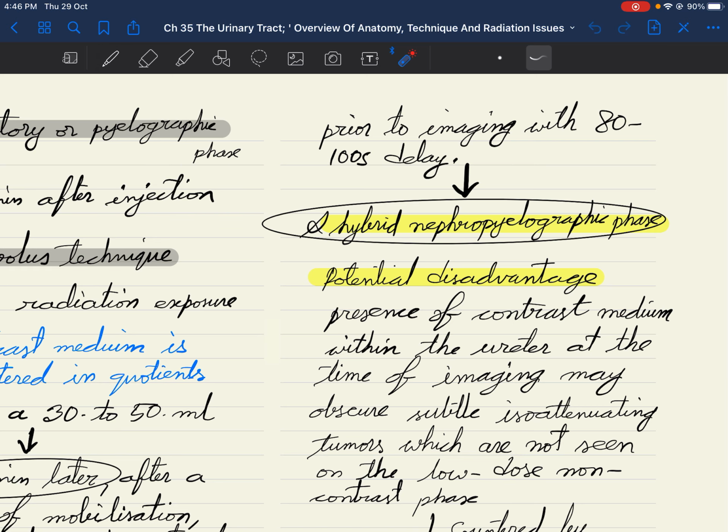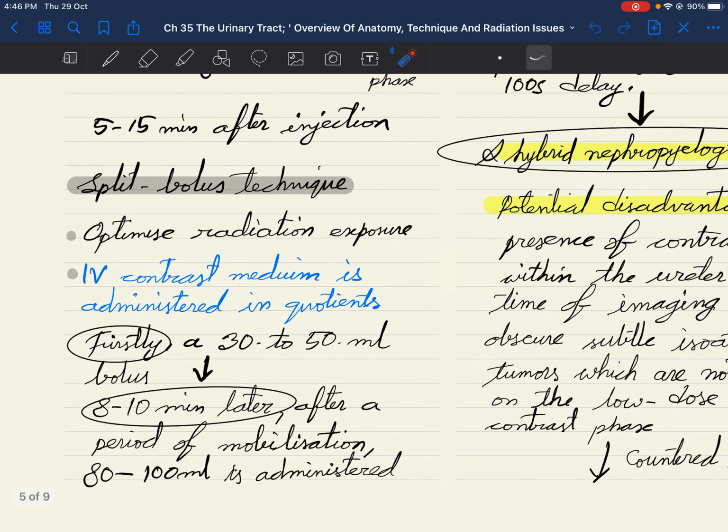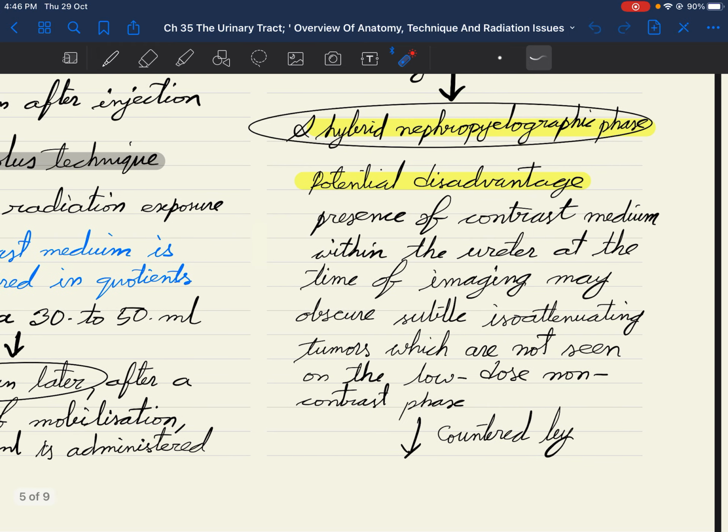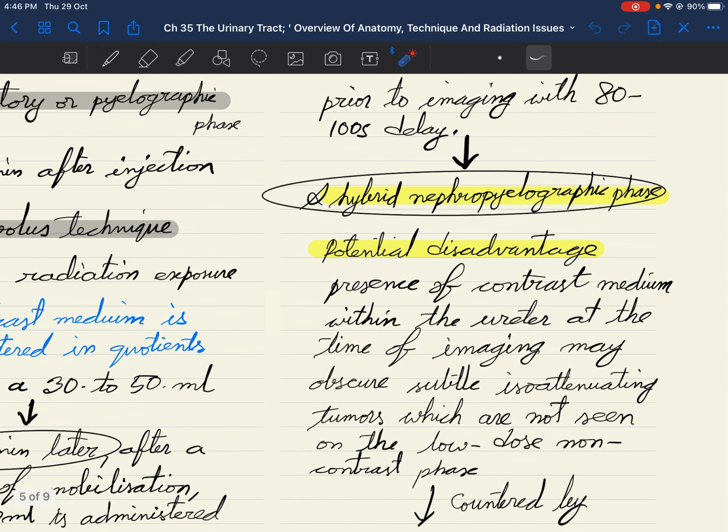hybrid nephrographic phase. In the second stage, the numerics help us to memorize this. How do they help us? The second bolus is given 8 to 10 minutes after the first.